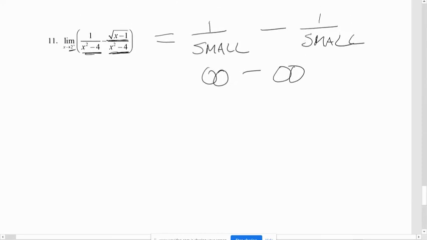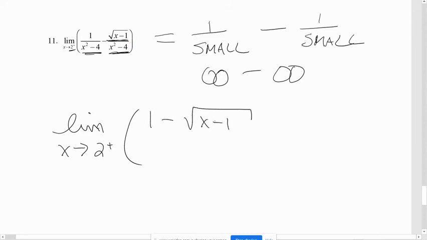Okay, so then I am going to rewrite this with a single denominator. So the limit as x approaches 2 from the right, and then this would become 1 minus the square root of x minus 1 all over x squared minus 4.